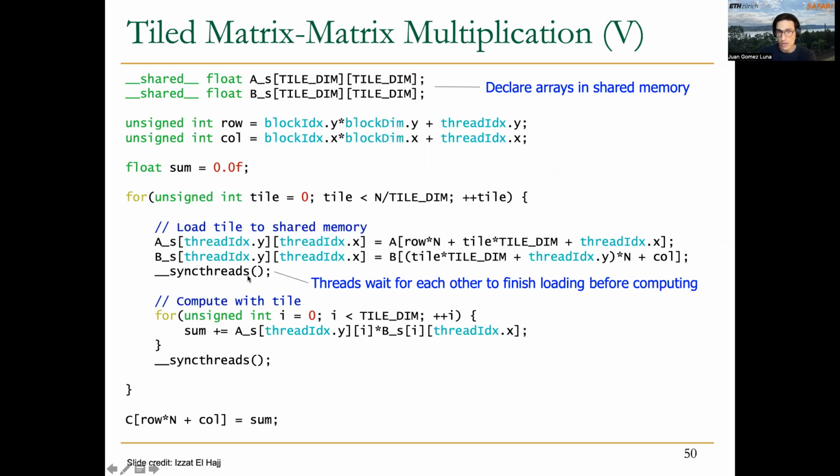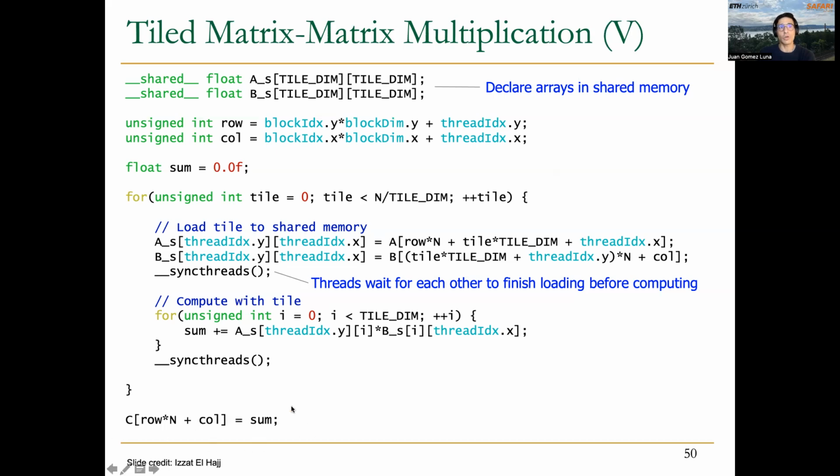Then we need to synchronize, because remember, we are likely running thread blocks with multiple warps. So we need to synchronize in order to make sure that all the data of the tile is in the shared memory, and then we can compute using the tiles in shared memory, accumulating in this sum variable for each element of the output matrix.